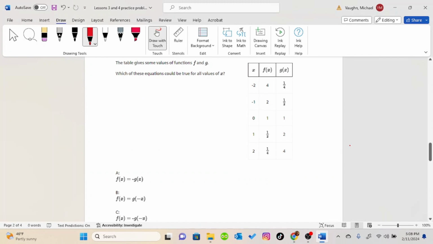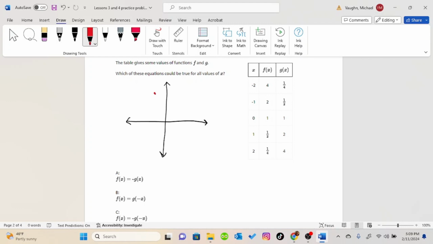The table gives some values of functions f and g. Which of these equations could be true for all values of x? Now, a quick way we could do this is to do some quick sketches. All right. So we'll do f of x in red, and that says if we go to -2, then our y value was 4.